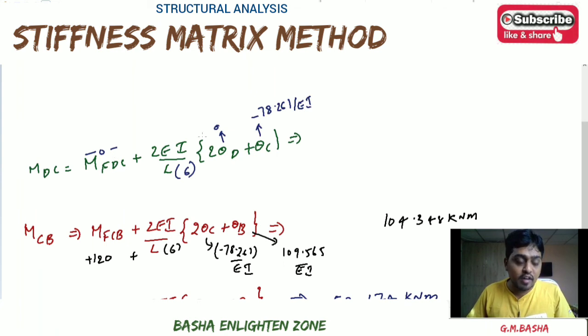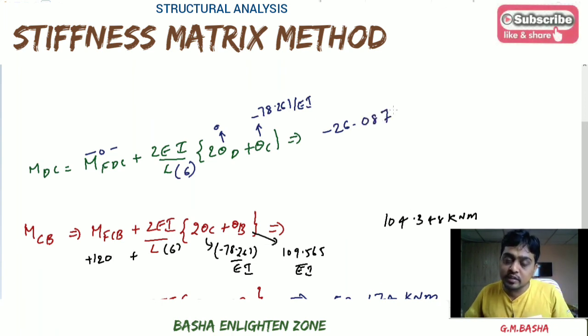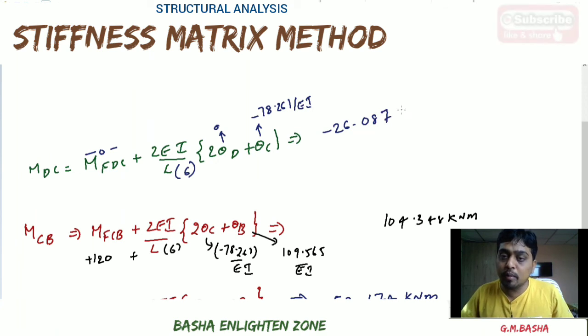So just substitute all the values in the formula, you will get minus 26.087. So based on the approximation, you will get some 25.9 or 26.1. So it is okay, no problem. You take down direct approximate values only.